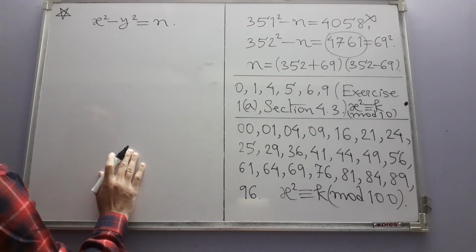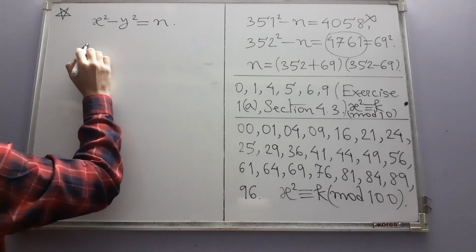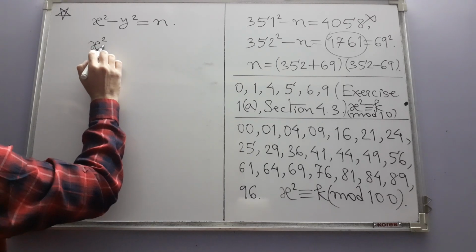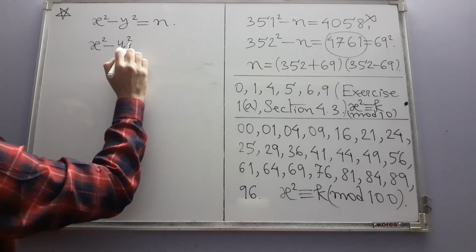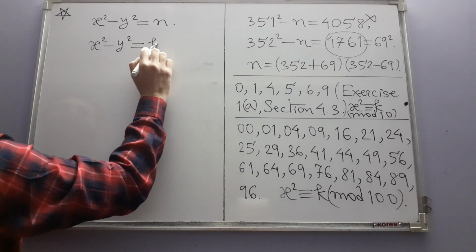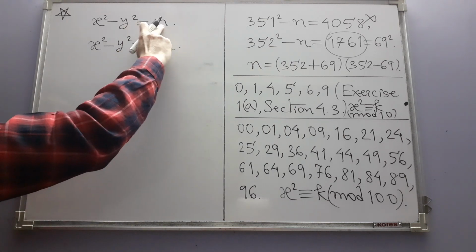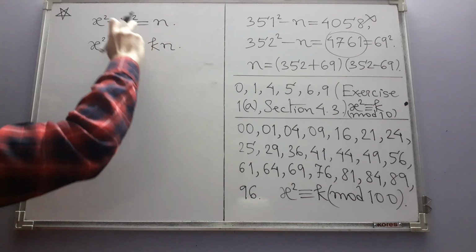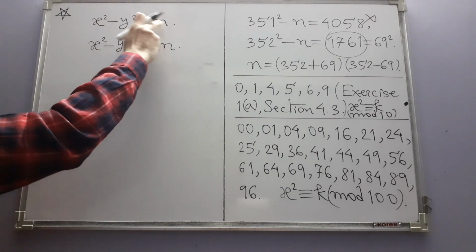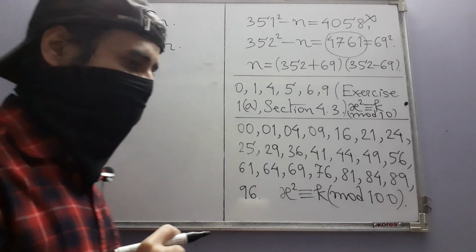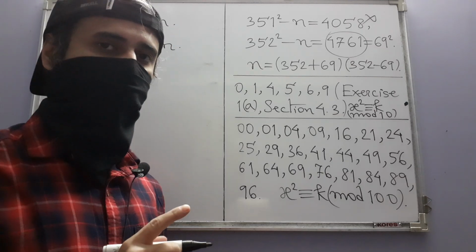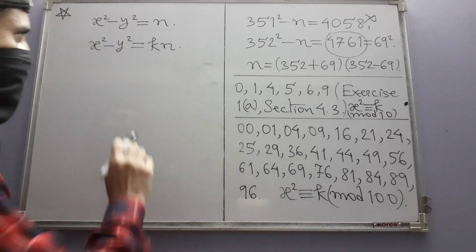Instead of looking for this, one can also look for integers x and y such that x square minus y square this time is a multiple of n. This is a special case of this. In this case also, x square minus y square is a multiple of n, but specifically it's that multiple of n which is n itself.